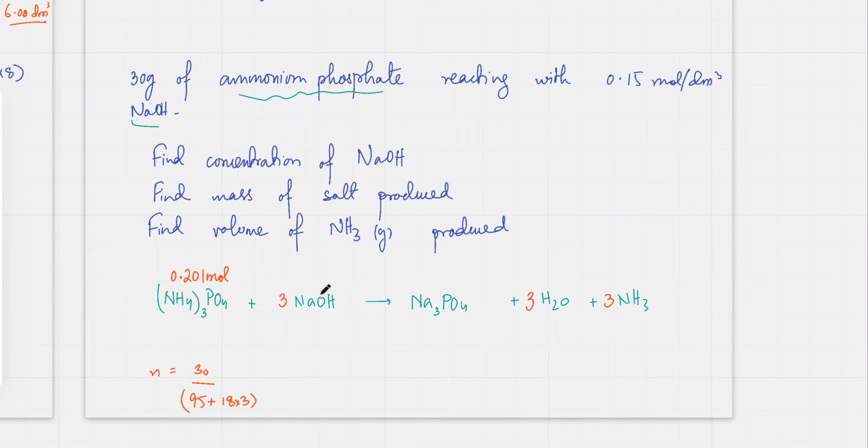So what are the moles of NaOH? It's going to be 0.201 mole divided by 1, into 3. So that would be 0.603. Yes. So you get these many moles for this. This would be 0.201 moles as well.